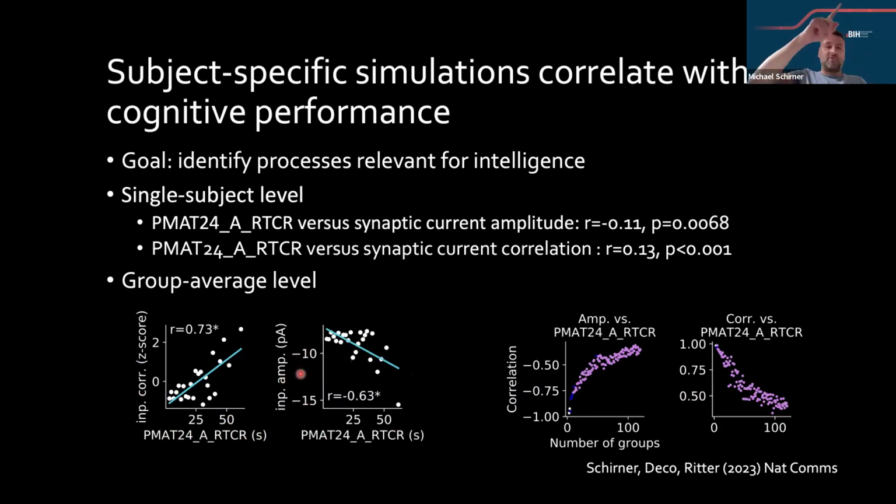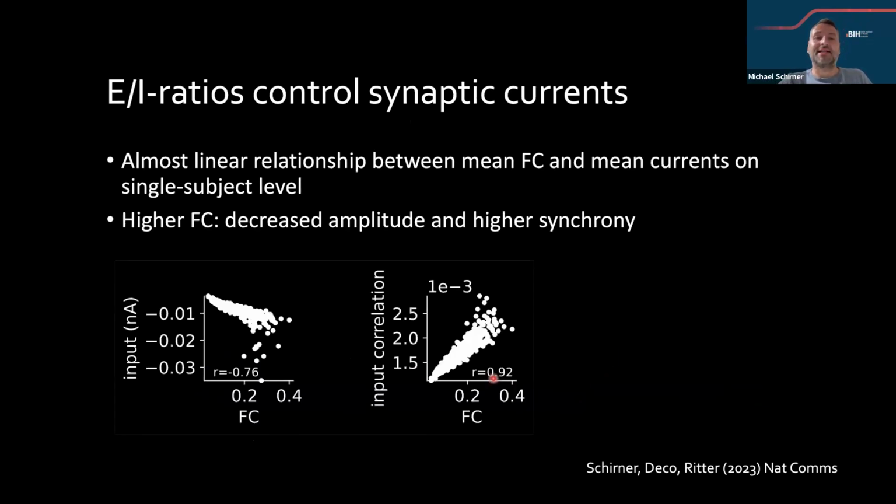So if you imagine the activity, the input that goes into a population of neurons is some oscillating curve, but it has a mean value, right? And this mean value shifts depending on excitation inhibition balance, and this will help us understand the behavioral differences. So with a higher FC, again, we have a decreased amplitude and a higher synchrony.